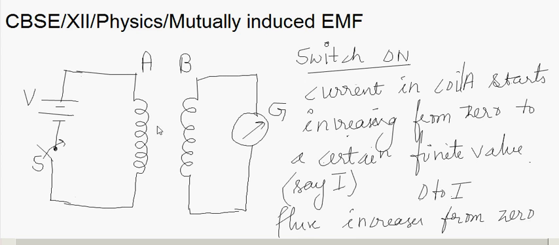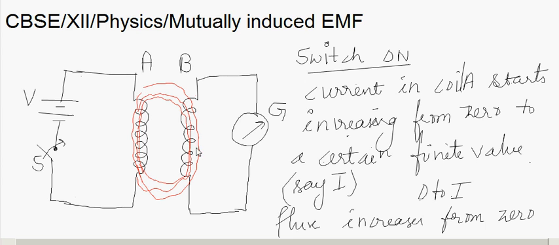Now, as coil B is placed very close to coil A, what happens? The flux which is produced in coil A also links coil B. Therefore, the flux linking coil B also increases from 0 to a finite value.